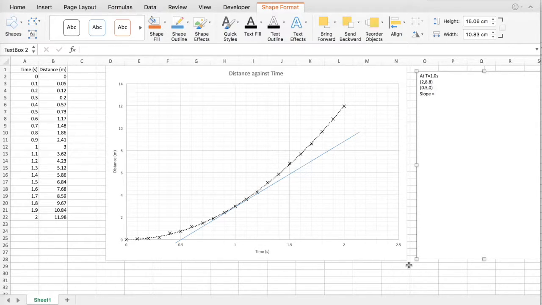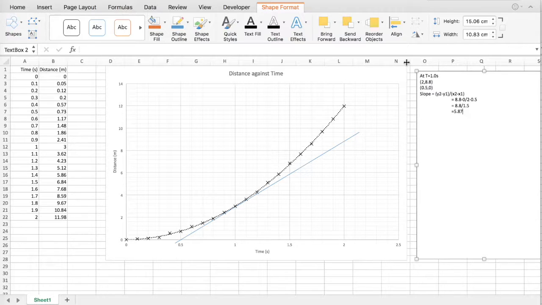So the slope equals y2 minus y1 over x2 minus x1, and we'll use this as y2, it's the higher value, equals 8.8 minus 0 over 2 minus 0.5, and that equals 8.8 on 1.5, and we'll use a calculator very quickly to find that value. 8.8 divided by 1.5 equals 5.87.